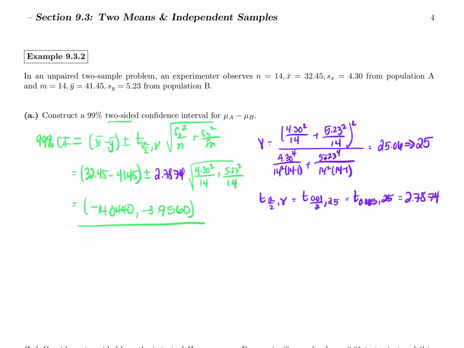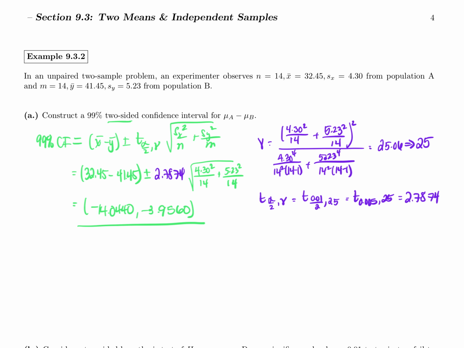So when you are given a problem and you can take away from it x bar, y bar, the size of sample A, the size of sample B, and their standard deviations, that's really all you need. If we're doing a hypothesis test, you also have to know whether we want our alternative to be not equal, greater, or less. So part B says, let's try to relate it back.